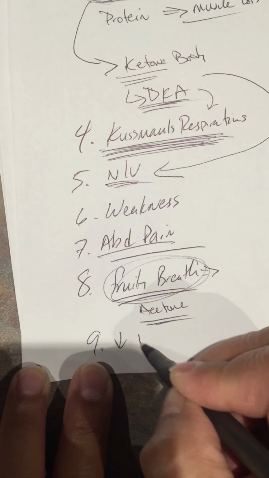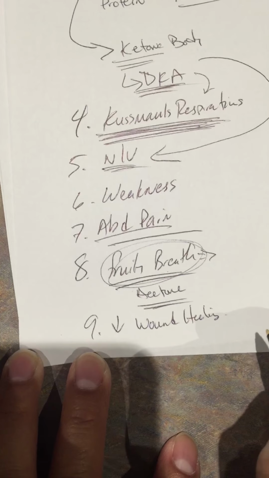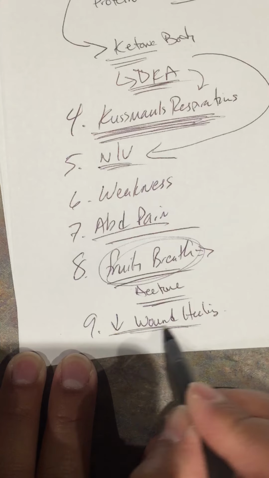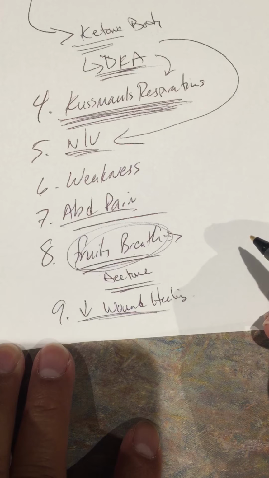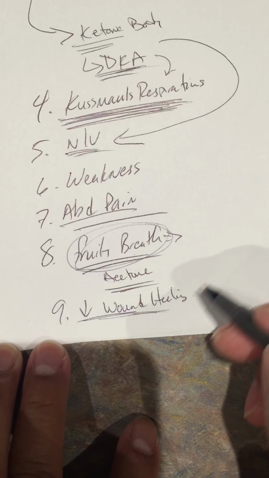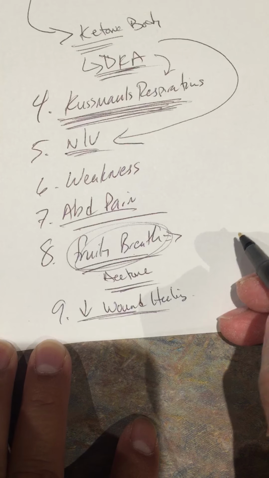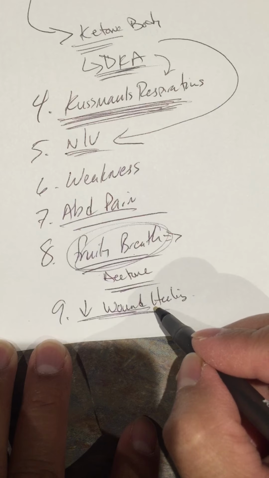Okay, we talked about this decreased wound healing. This is very important because some patients run into some problems with, for example, loss in sensation, and that has to do with some neuropathy, nerve damage, again due to the high glucose levels. This is a problem, especially if the wound is in the feet.